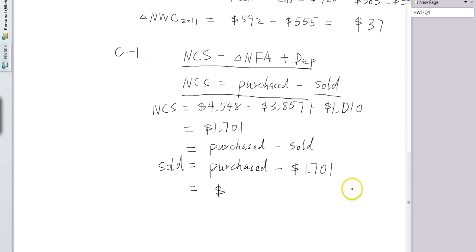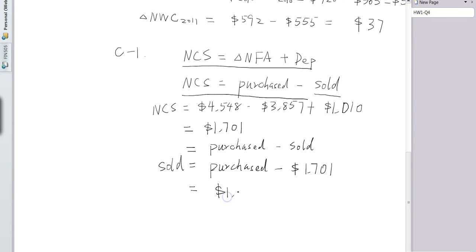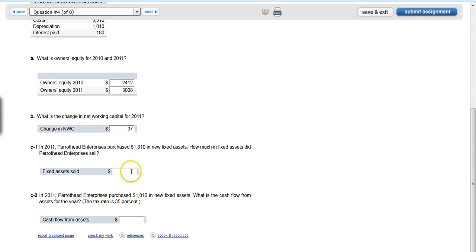Go back to the setup. That's how much? That's 1810. Okay, 1810. So it's 1810 minus 1701. So that gives me basically 109. So that's how much the firm sold in 2011. 109.